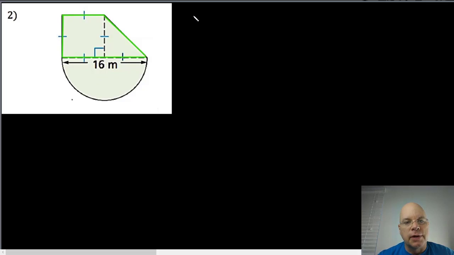So that's what we're going to do. Make sure you can see this. We'll call this area A, and we'll call the trapezoid area B. Area A is just a half circle, so we know a circle is pi r squared, so I'm just going to do 1/2 pi r squared to find the area of this semicircular region at the bottom.